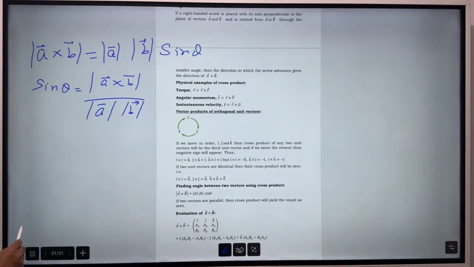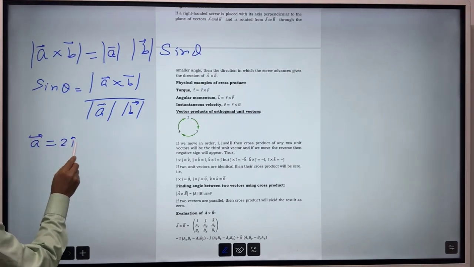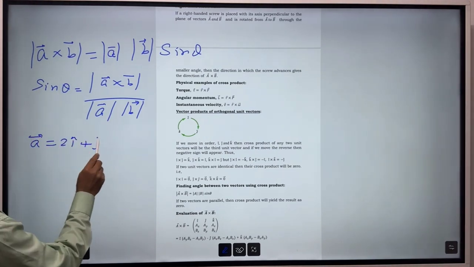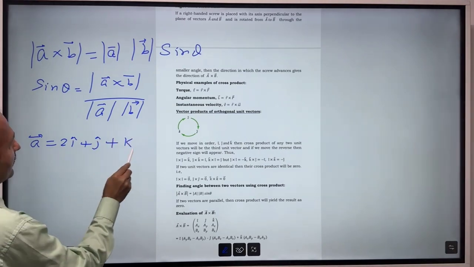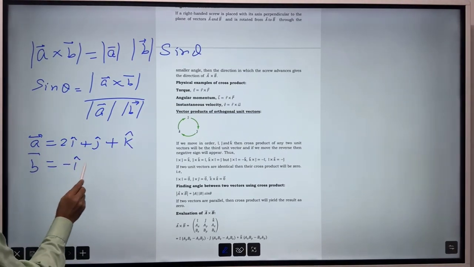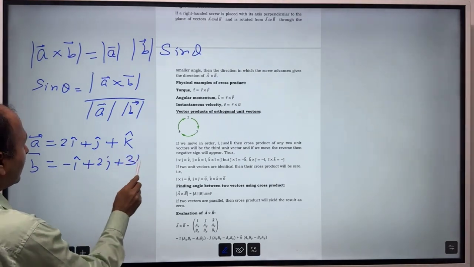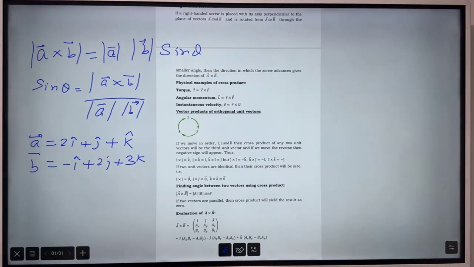Now suppose you are given a vector A equal to 2i cap plus j cap plus k cap. Vector B is equal to minus I cap plus 2j cap plus 3k cap.